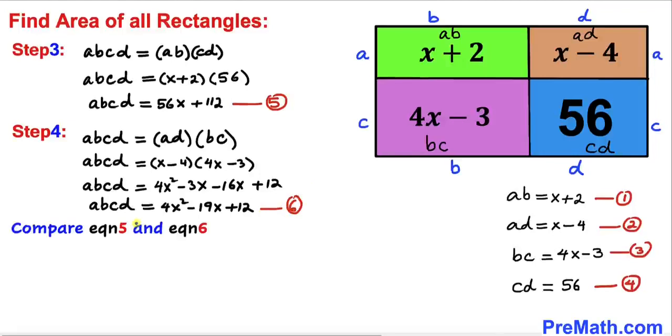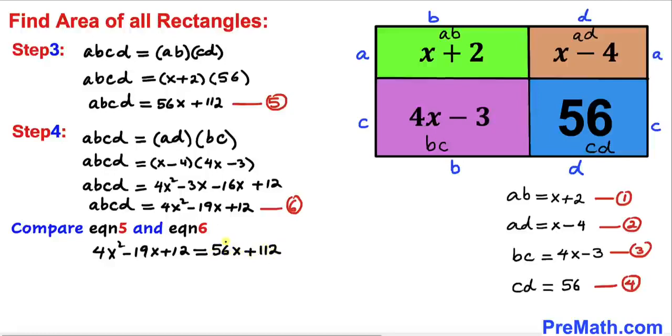And here's our next step. Let's compare these equations 5 and 6. We can see the left hand sides are same, so we can equate the right hand side as well. Therefore we can write 4x squared minus 19x plus 12 equal to 56x plus 112.